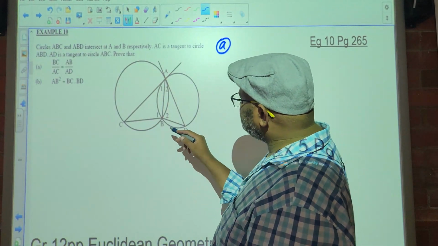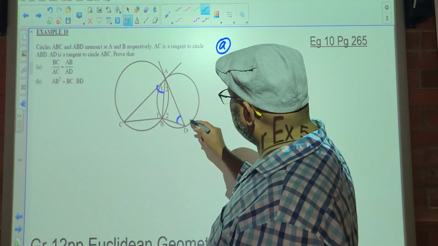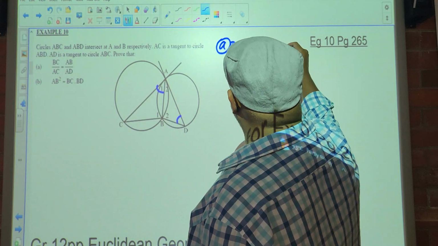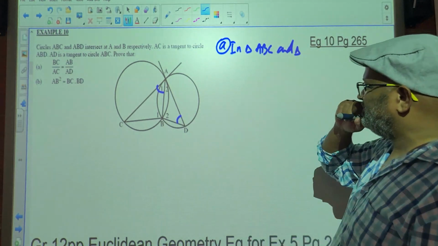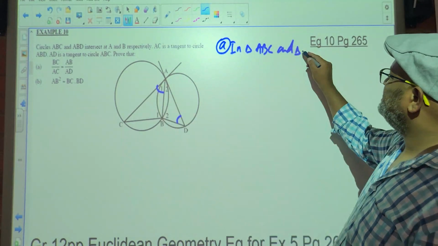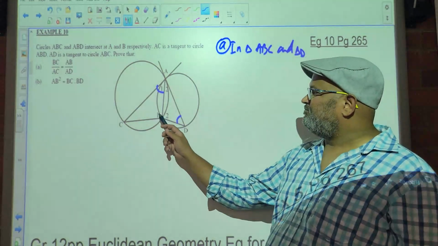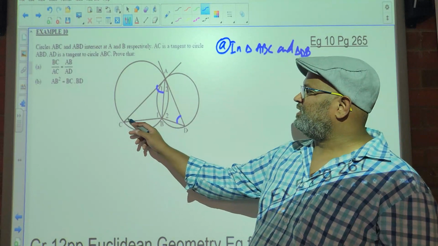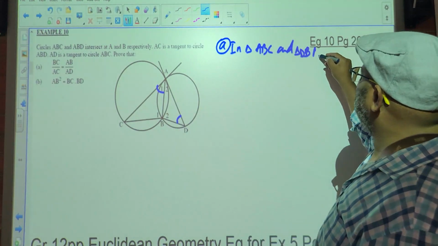Okay, so we say that angle A is equal to angle D. So we say in triangles ABC and triangle DBA. So A was equal to D, B was B, not so? And then C was A.